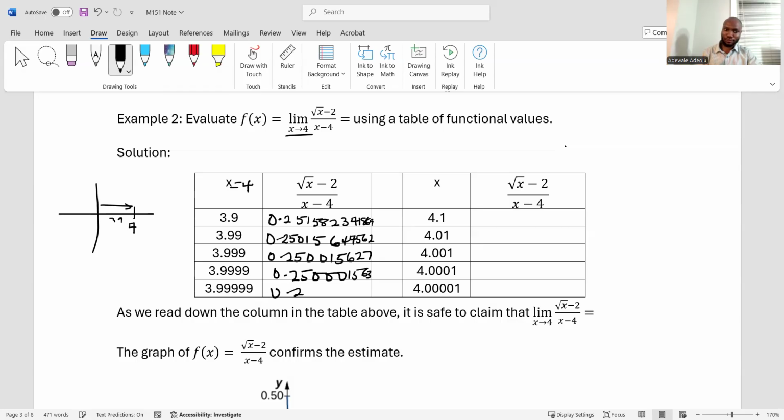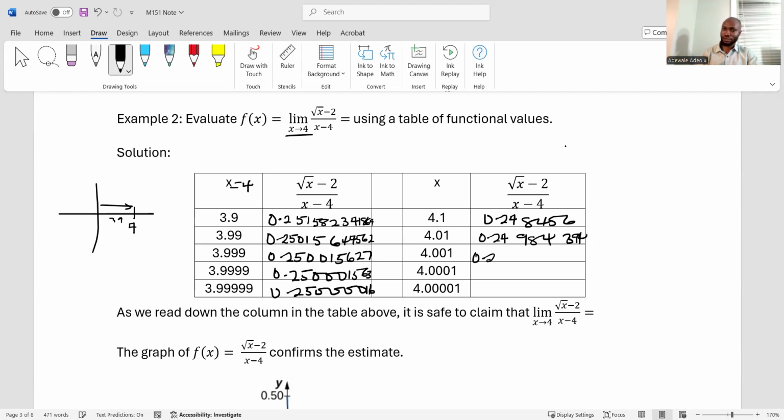This 0.25000016. And if you do this side, you have 0.248456 and so on. Here 0.24984394 and so on.